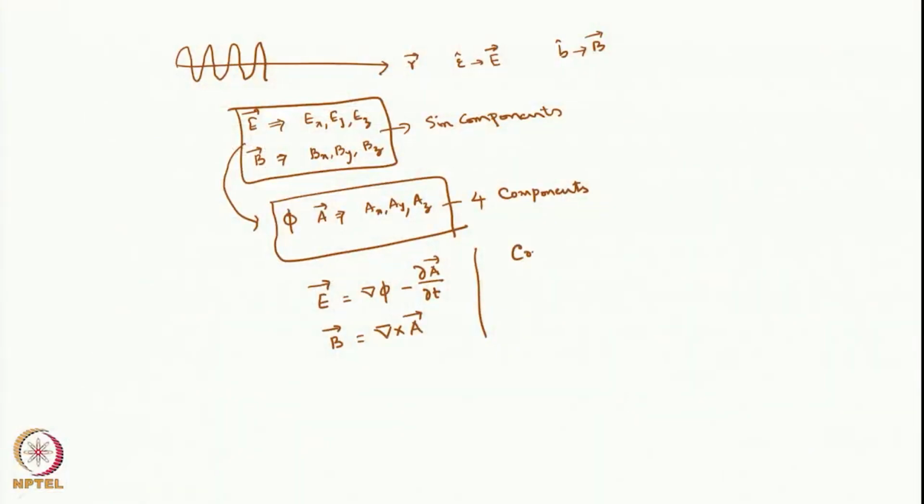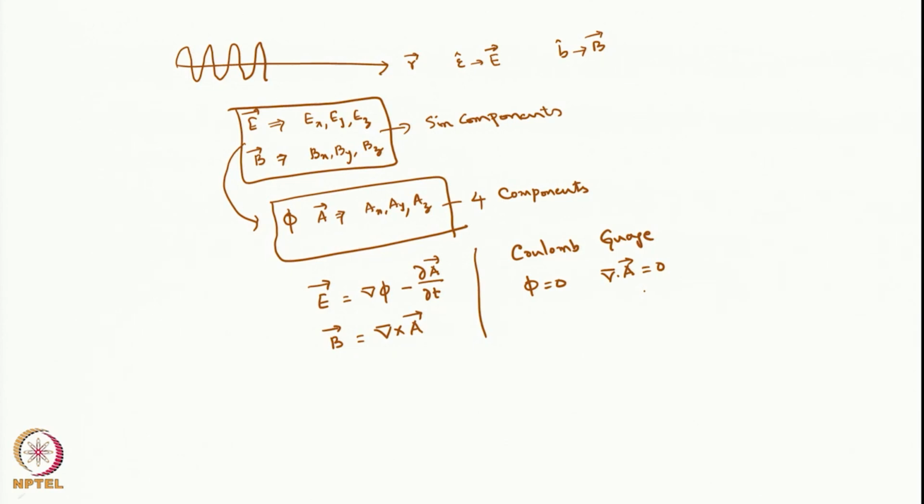One of the transformations we will call the Coulomb gauge, in which we say phi is equal to 0 and del dot A equals 0. So, you are reducing 6 components to 4 components with 2 criteria that are fixed. Therefore, the transformation becomes easier.